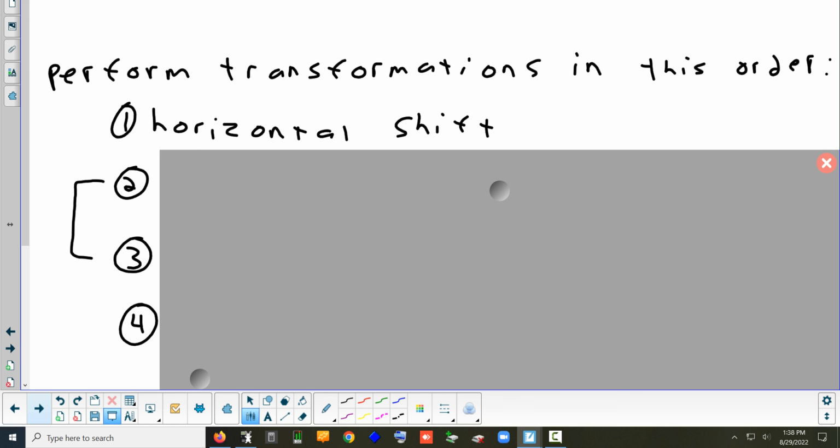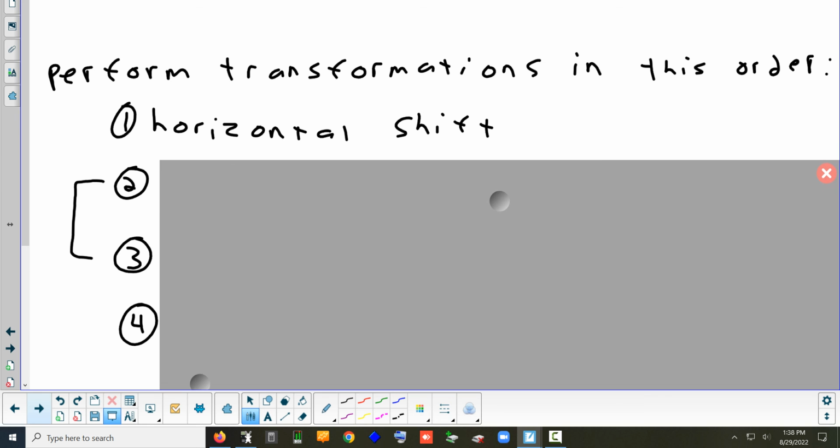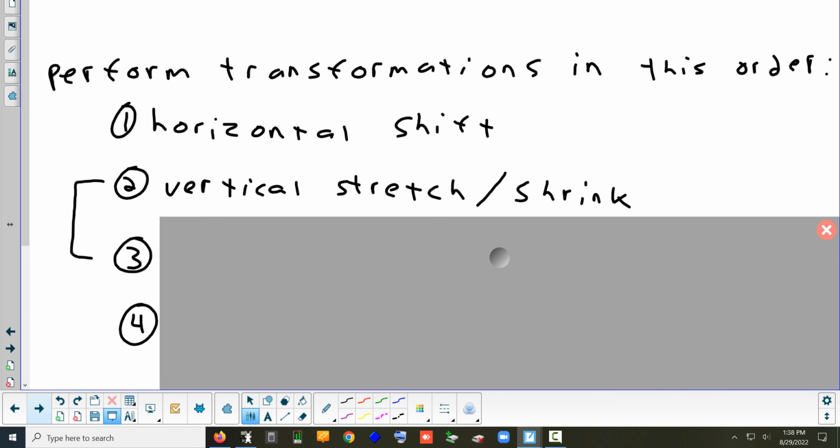Step 1, always do horizontal shifting first, left or right. If we had a horizontal stretch, we would do that in there. We're not going to talk about horizontal stretches with parabolas, which is why I didn't write it down.